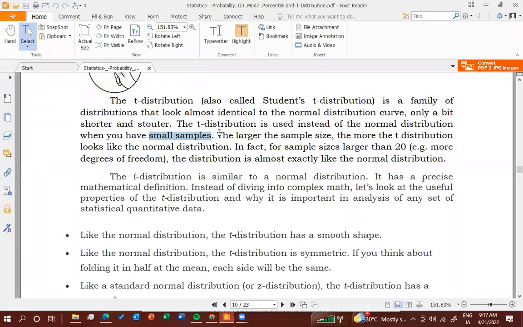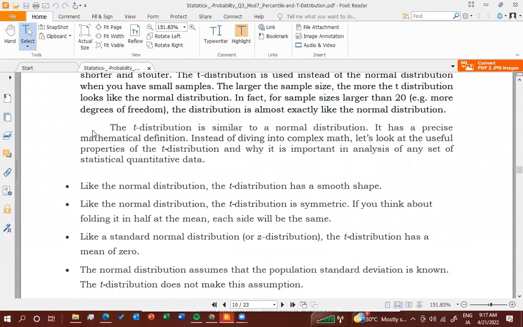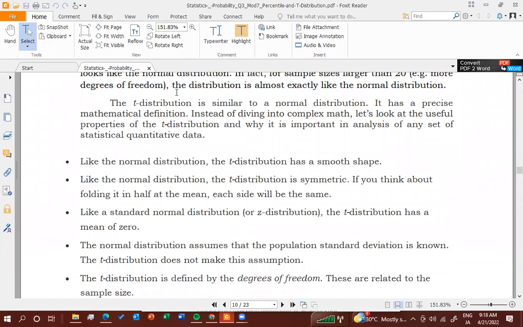The larger, so as explained kanina, the larger sample size, the more the distribution will look like the normal distribution. The distribution, in fact, for sample sizes larger than 20 or naman siya pa sa 30, it will almost look like the normal distribution. So the T distribution is similar but not the same.